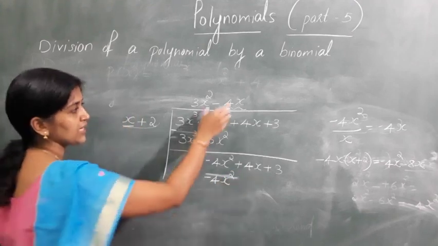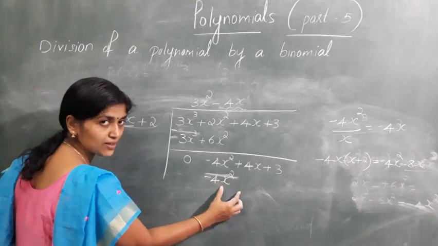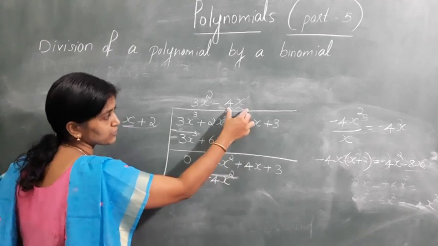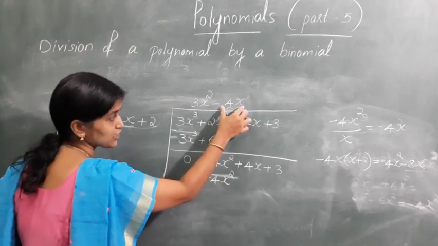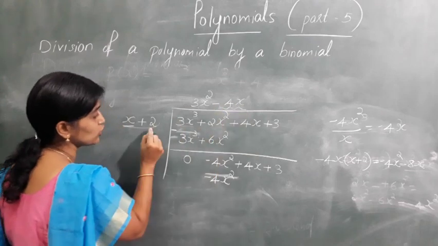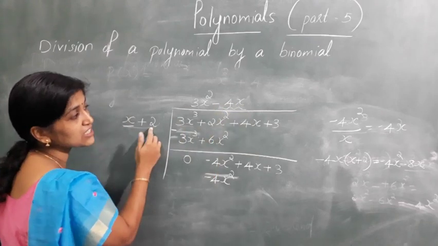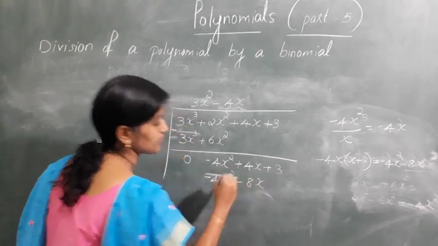We will take this term, multiply it with all the terms of the divisor, and write it under it, isn't it? So minus 4x into x is minus 4x square. Minus 4x, you have to consider the sign also, okay? Minus 4x into positive 2 is minus 8x.